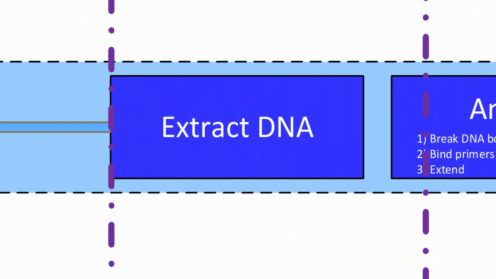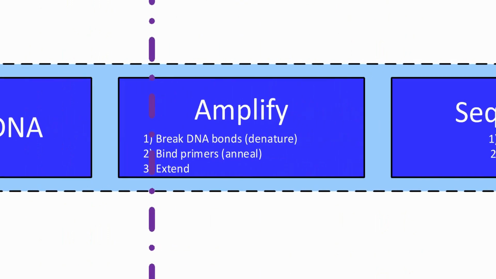Step 2, then amplify the DNA by first breaking DNA bonds, similar to the science in FISH. We then bind targeted primers with organic elements that naturally extend or copy those sequences and repeat, repeat, repeat. This process of copying sequences gives us greater visibility into a patient's DNA, and that's why it's called amplification.